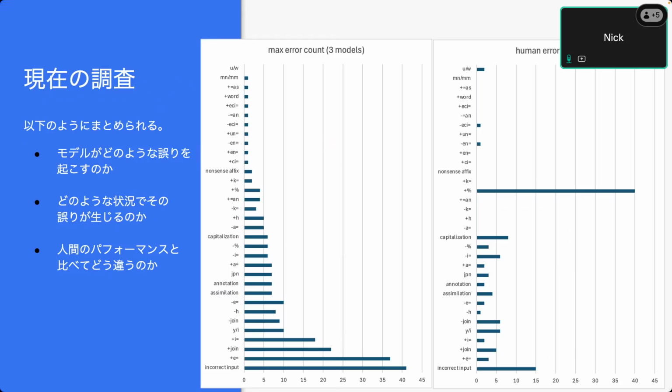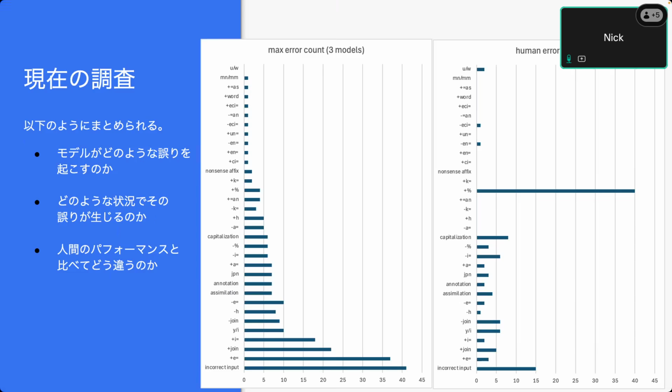And I've been evaluating the results so far. In this table on the left side, I've listed the outputs from the models that were marked as incorrect by the expert. And on the right side, original human transcriptions that were marked as incorrect by the expert.